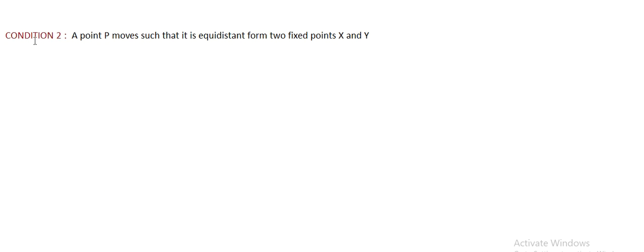Now, suppose condition 2 is given. A point P moves such that it is equidistant from two fixed points X and Y. Here the given condition is that X and Y are two fixed points and the point P moves, and the distance between P and X must be equal to the distance between P and Y. That is what is meant by equidistance.